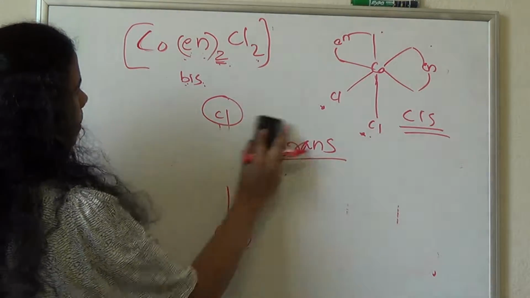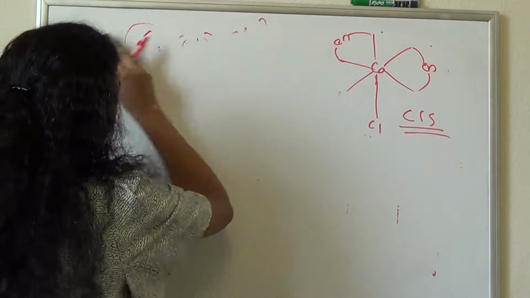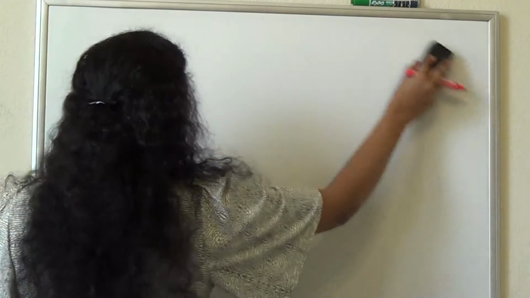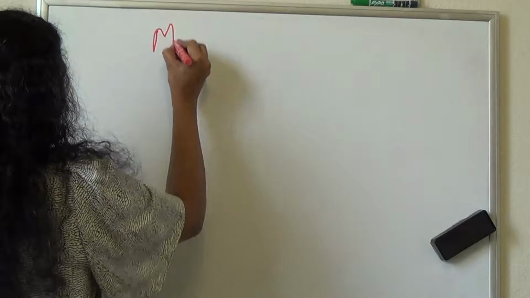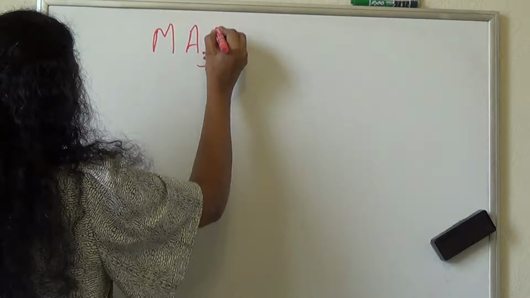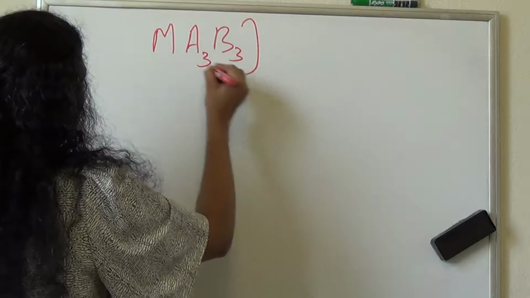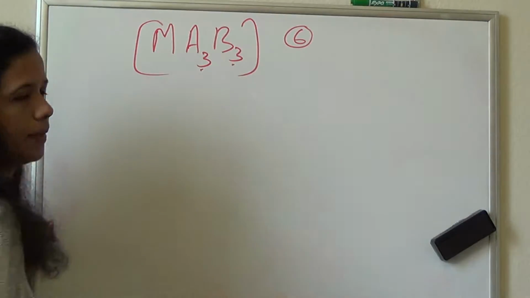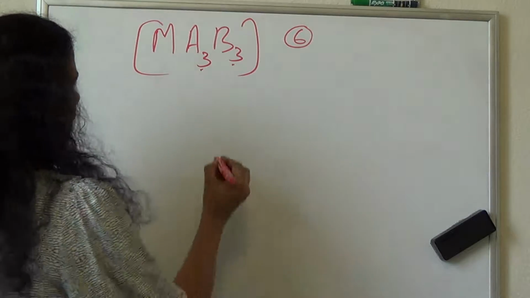Then another type of geometrical isomerism is shown by complexes of the formula Ma3B3. It is also an octahedral complex because the number of ligands will be 6.